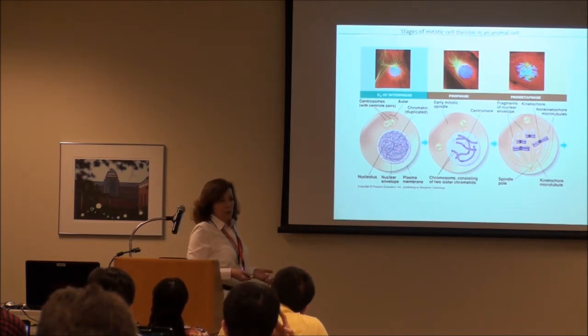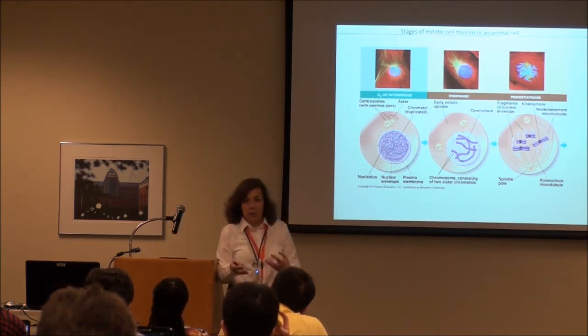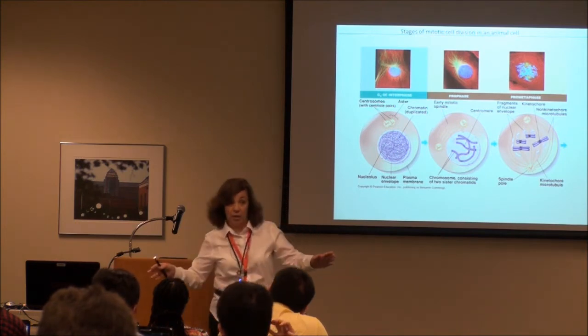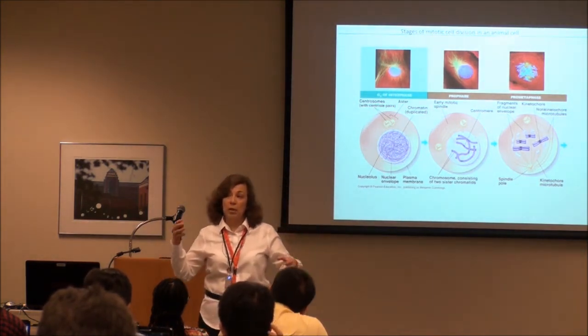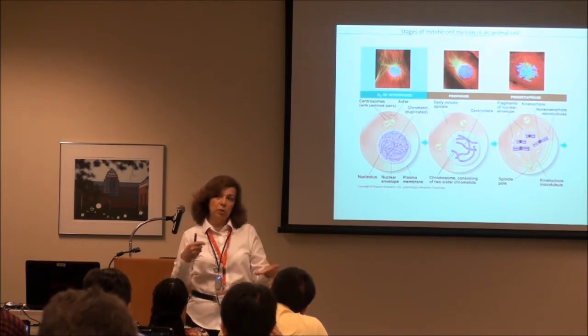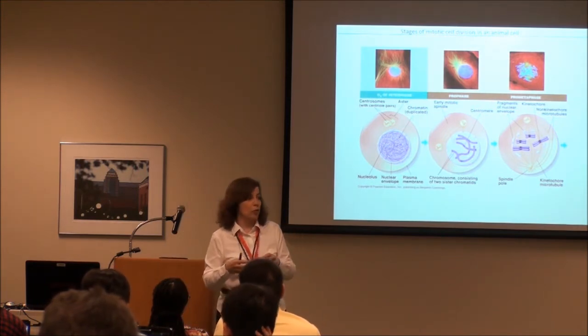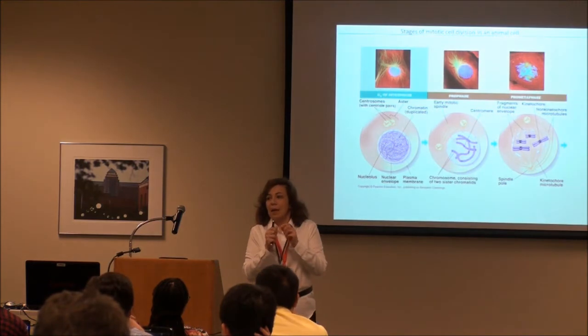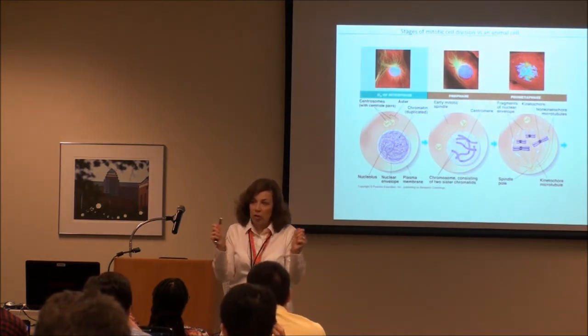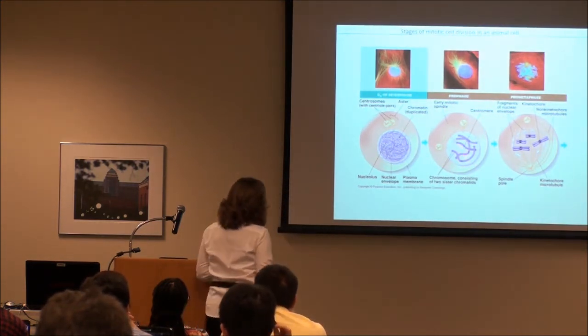Why is that important? Well, if you want to divide genetic material into two absolutely equal, identical parts, you need to manipulate them, right? So in order to manipulate those DNA molecules, they need to be really tight and nice little structures so you can divide them into two.